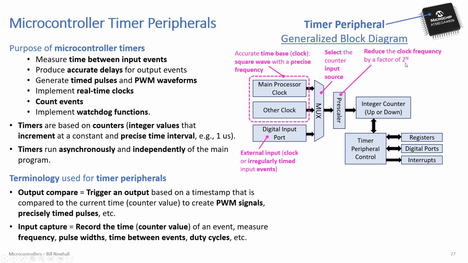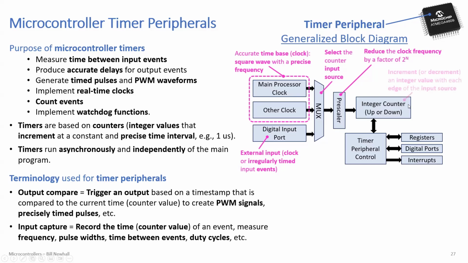So oftentimes they work by reducing the clock frequency by a factor of 2 to the n. Okay, so the MUX selects the time base. The prescaler, if you had, let's say, I'm going to make this up, a 16 megahertz input clock signal coming in, you could divide that by 16 and get 1 megahertz out. Okay, that's what that does. It actually divides down the frequency.